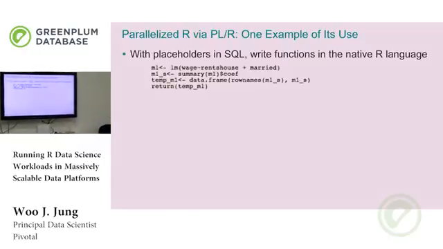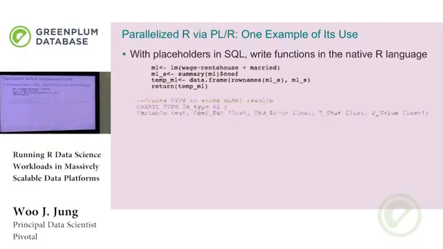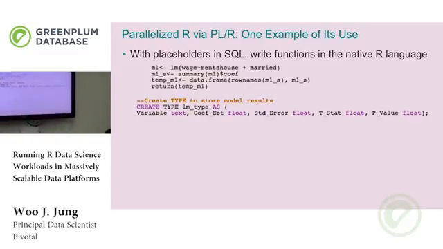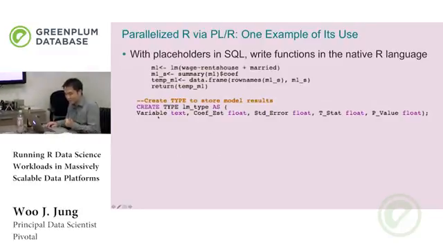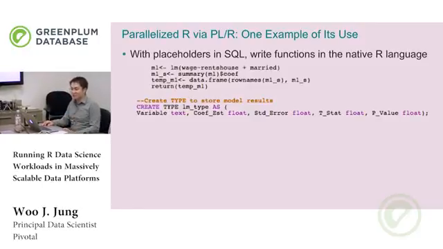You start by writing the R code as you would on your R console on your laptop. Then you create, again, that return type we were talking about, which is going to store the model results. In this case, it's identical to the previous example. We're going to store the variable name, coefficient estimate, standard error estimate, t-statistics estimate, and the p-values from this workflow.